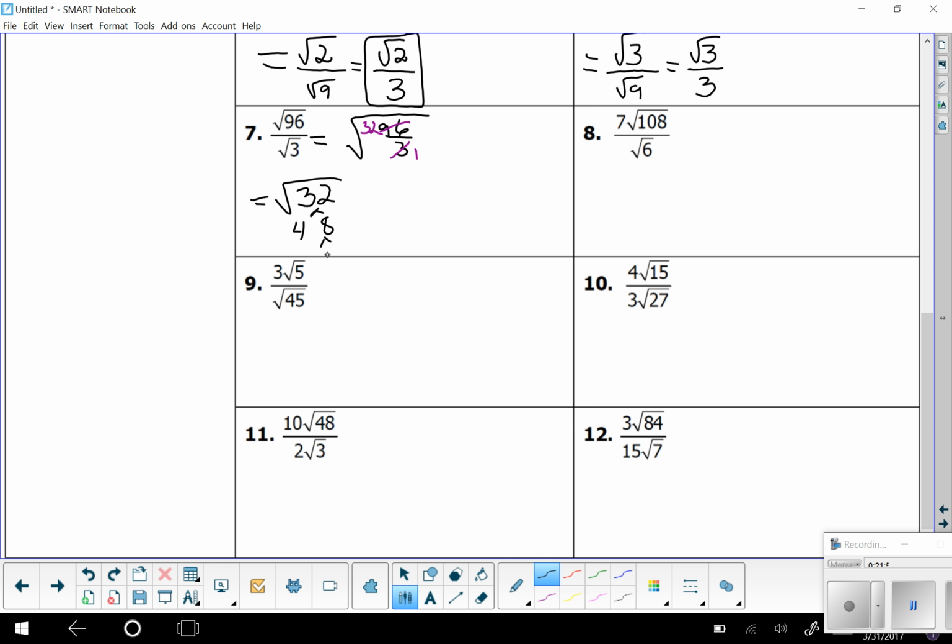That breaks down into 4 and 2. Here's my pair. That's my singleton. My answer is 4 square root 2.